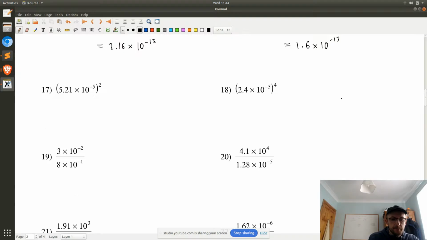Continue. 5.21 squared is what? 27.1441. And this, and divide that by 10, and times that by 10, and there it is.